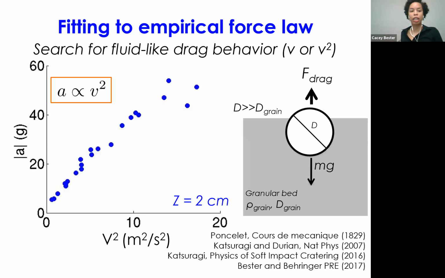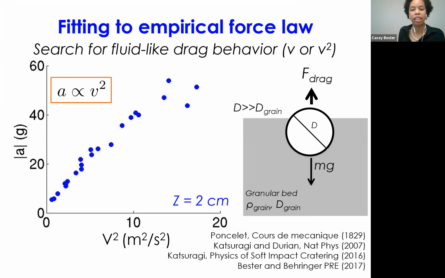So the way that I went about doing that was to determine the acceleration or the resulting force as a function of velocity. The scatter plot shown here gives a scatter plot for many of the impact runs with varied initial speeds. And each point corresponds with a separate trajectory.